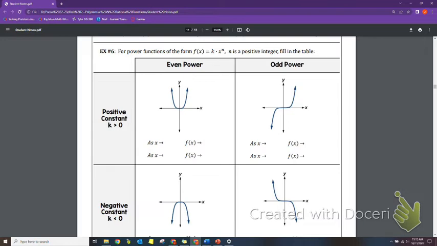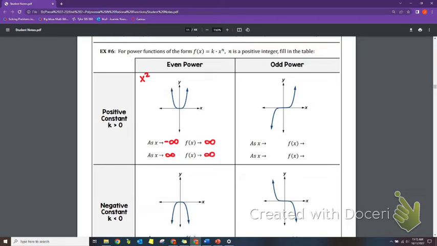What's an even exponent? x squared, right? And if it's a positive x squared, it's going to look similar to the one that they drew here for us. Anytime it has an even exponent and a positive leading coefficient, it's going to have this general shape on the ends. So as x goes towards negative infinity, it's going to go up to infinity. As x goes towards positive infinity, it's also going to go up to positive infinity.